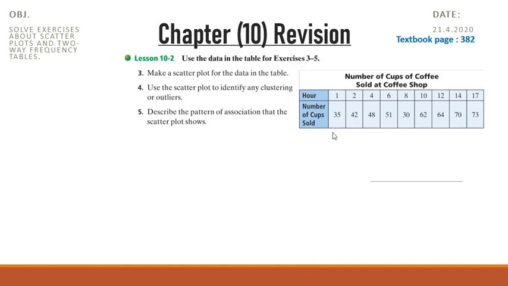In this question, we need to make a scatter plot for the data in the table and use the scatter plot to identify any clustering or outliers, and after that describe the pattern of association that the scatter plot shows. Okay guys, you have 2 minutes.